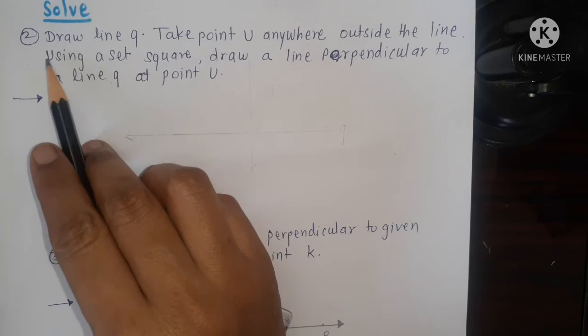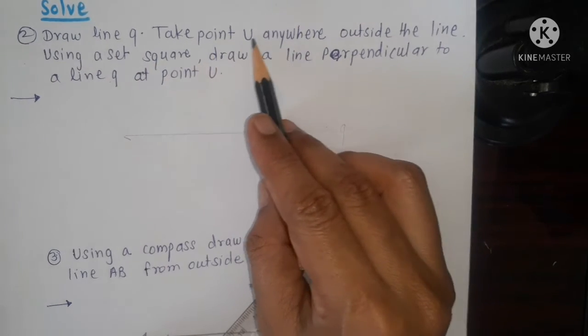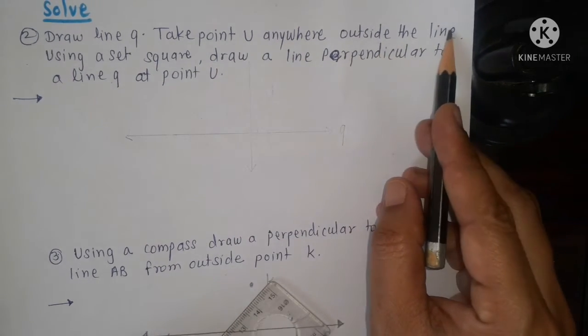Question 2. Draw line Q, take point U anywhere outside the line.